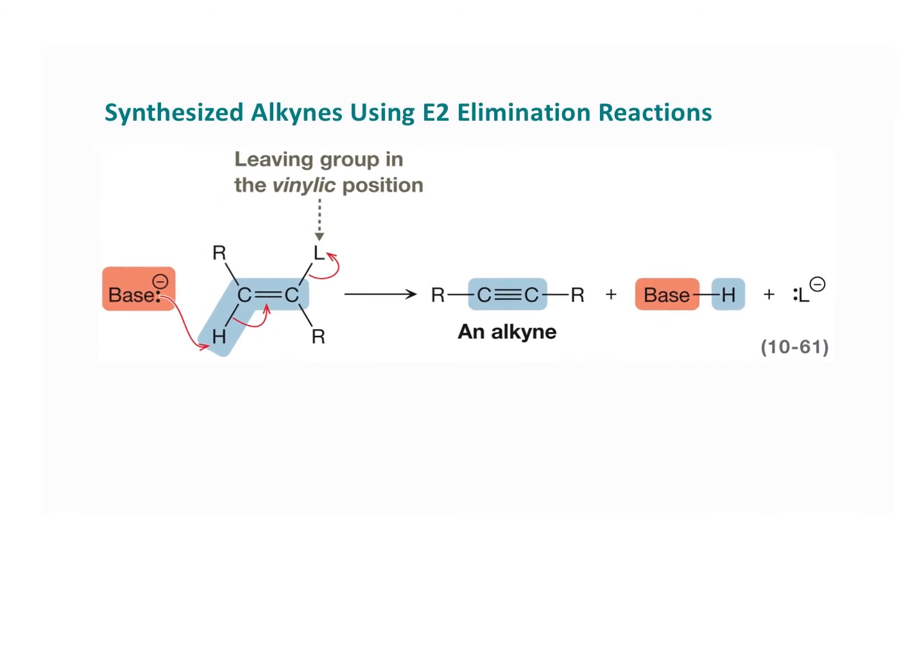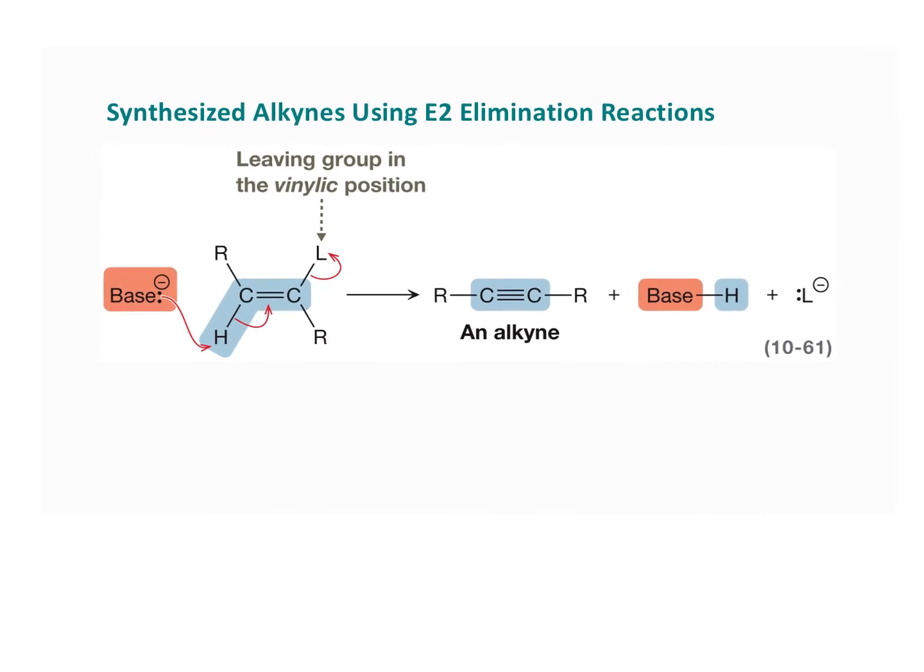One way to synthesize an alkyne is by carrying out an E2 elimination reaction, which you can see here in equation 10.61. Now, in this case, the leaving group is in the vinylic position. Now, this is where I have a southern accent, and it's very hard for me to say that word. It's like vinyl, so vinylic.